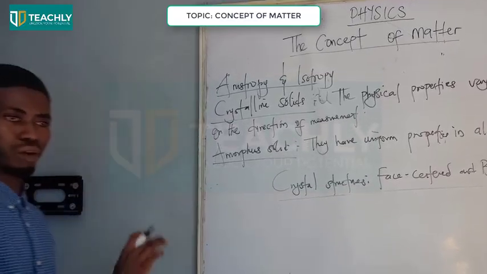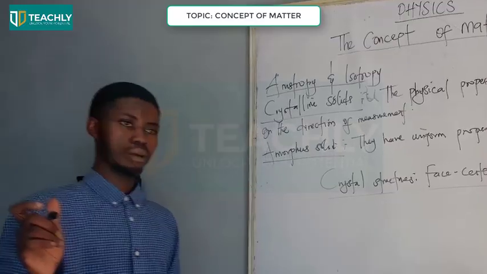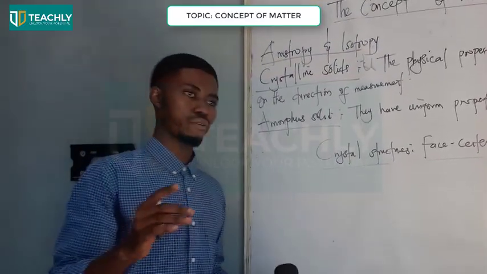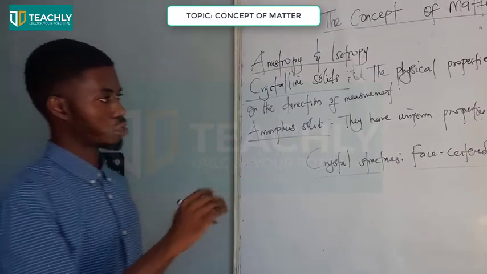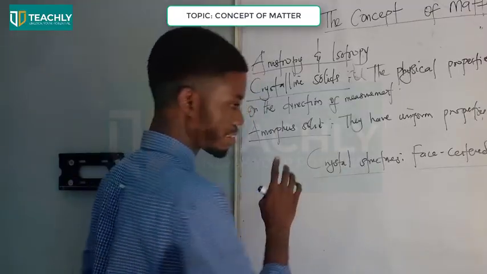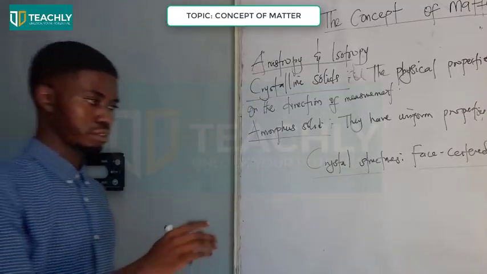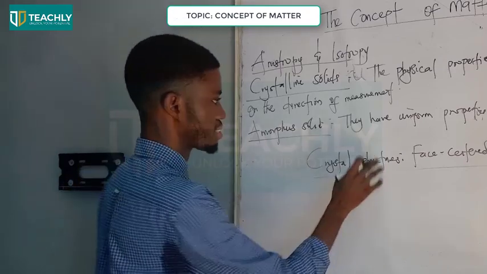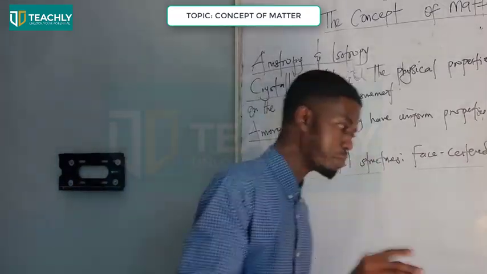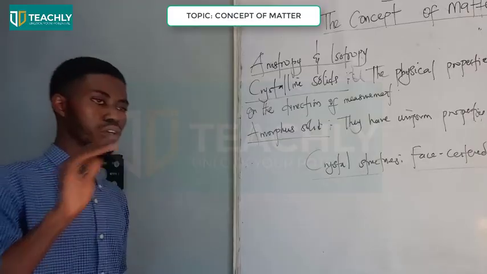But before we even start with this, I want us to simplify it. I'm going to give you a diagram and then a definition of terms. To begin with, let's start with the simple cubic unit cell.